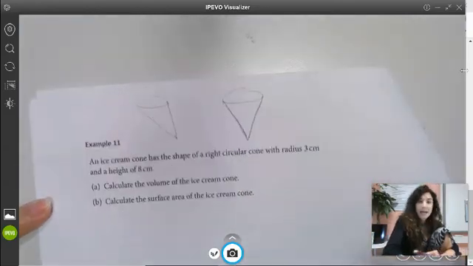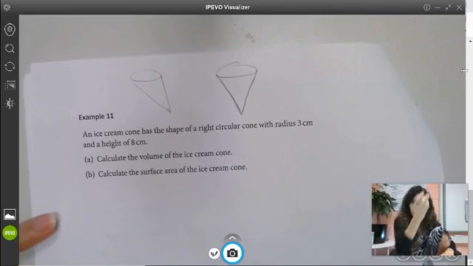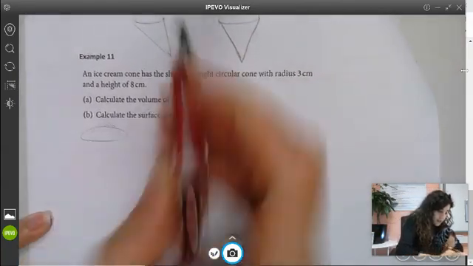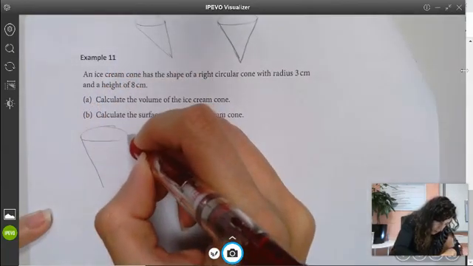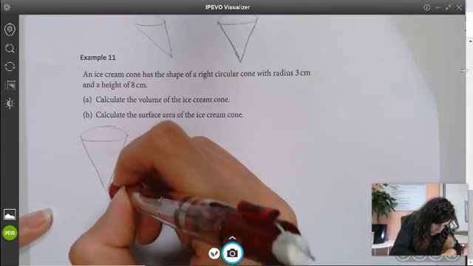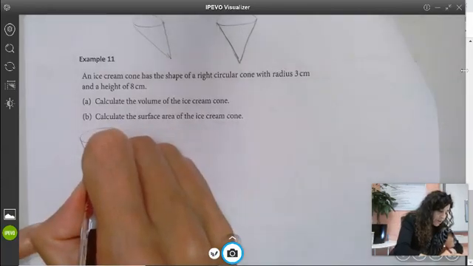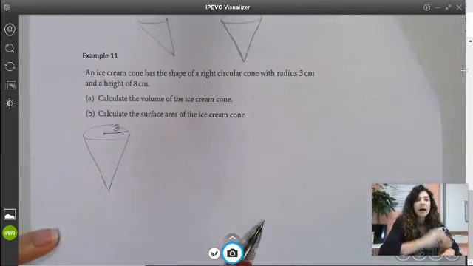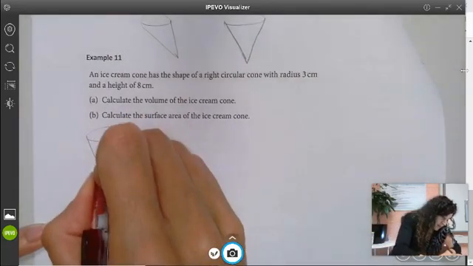This is my best way of drawing a right circular cone, where that vertex is directly below the circle. That's all that means. So drawing out your right circular cone, it has a radius of 3, so I went ahead and just drew that in, and a height of 8.